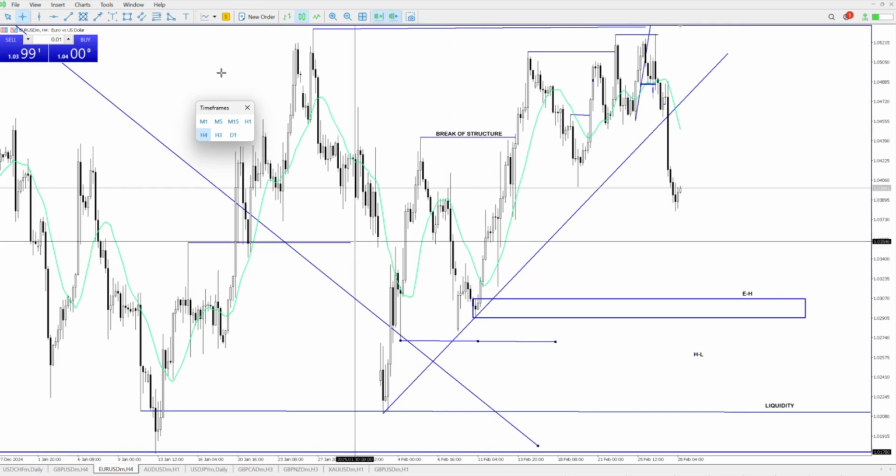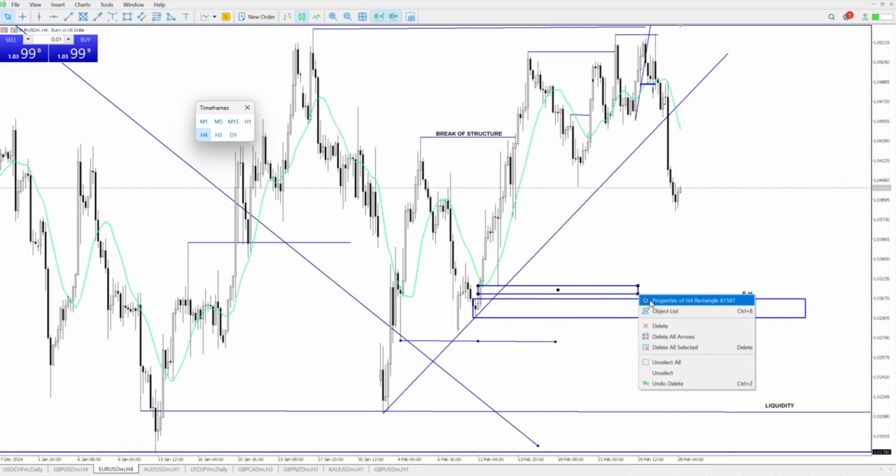So I'm just going to draw this gap and probably trade it. We have a gap here. So I will add a little shade on this particular gap, with the green.